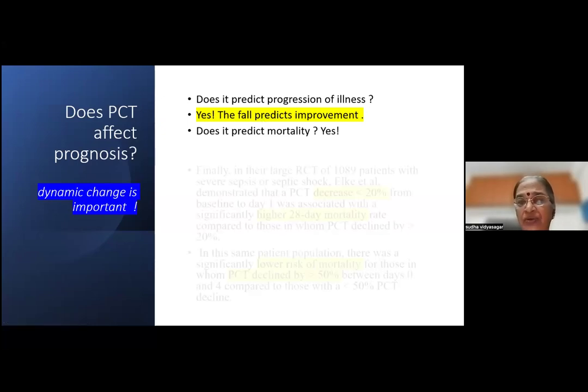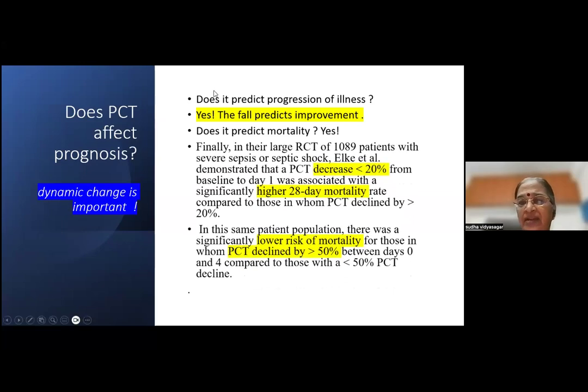And the increase predicts deterioration. And mortality also, yes. There are large studies, again RCTs, which showed that with less than 20% decrease from day 1 to day 4, there was a higher mortality in these patients. So if somebody's procalcitonin is not coming down as expected, not decreasing by at least 20%, then the mortality is higher at 28 days.